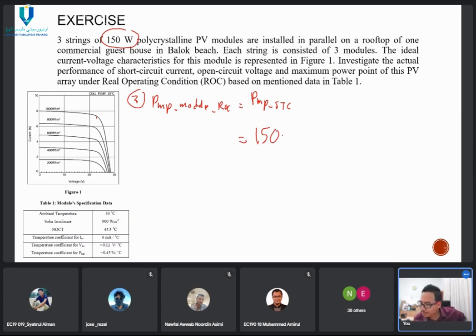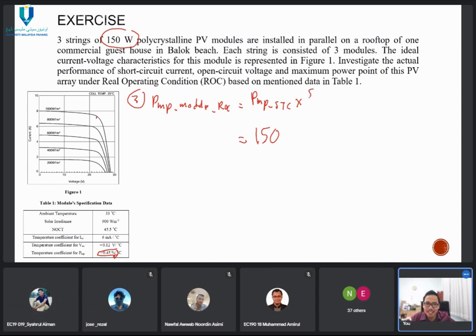Kenapa darab? PMP tu negatif 0.45%. It's percent. So persen darab, lepas tu habis kan? Dah cakap guna betul.